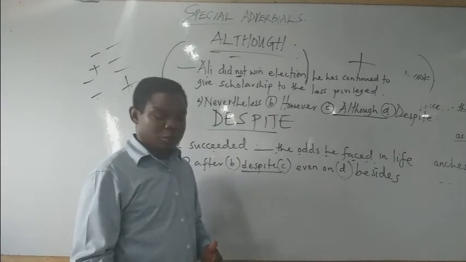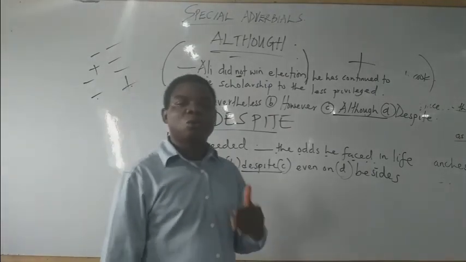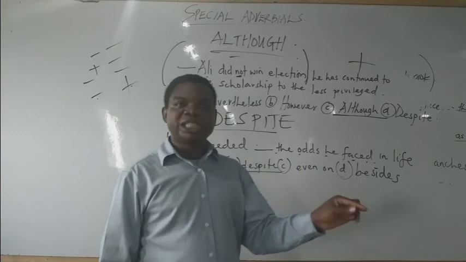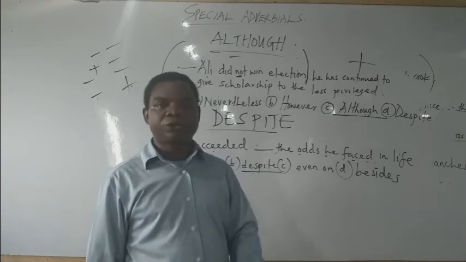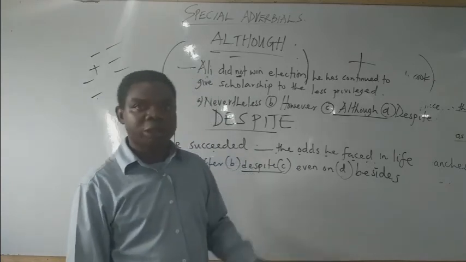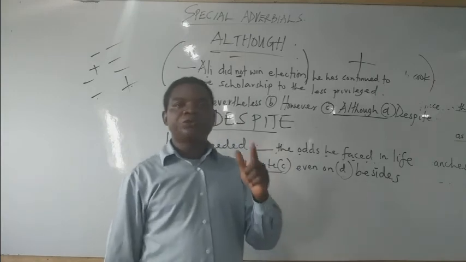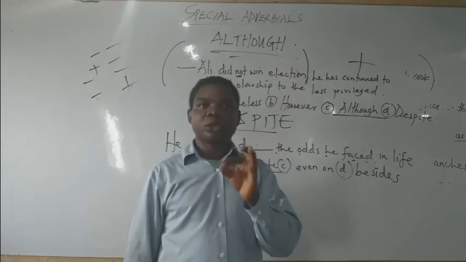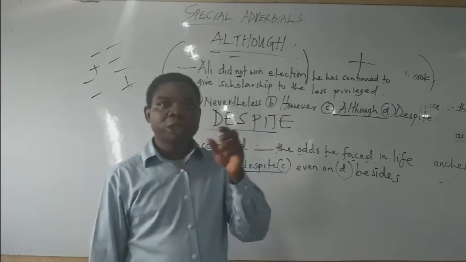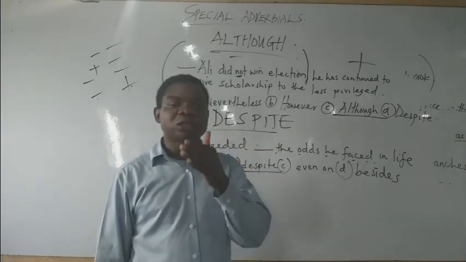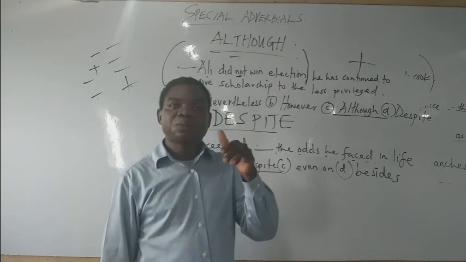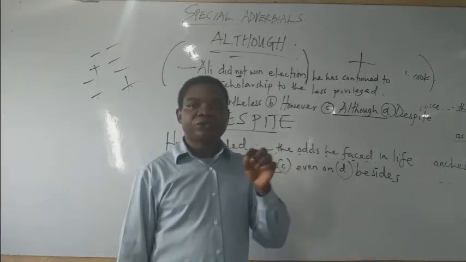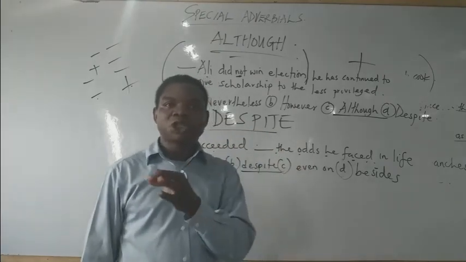Look at another example. The governor will go for second term, dash, the criticism from his opponent. Meaning, the governor will go for second term despite the criticism from the opposition party.